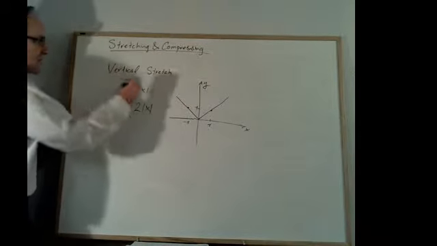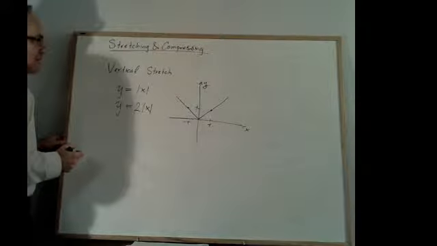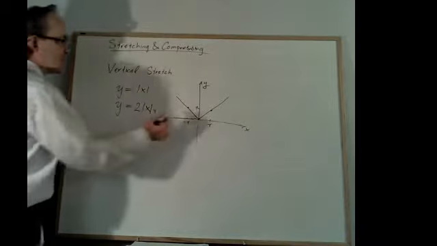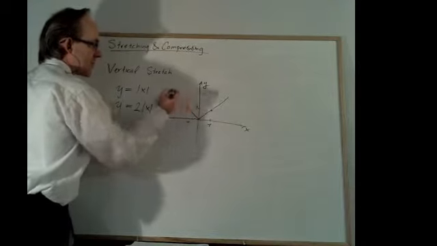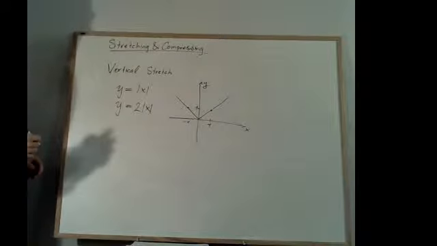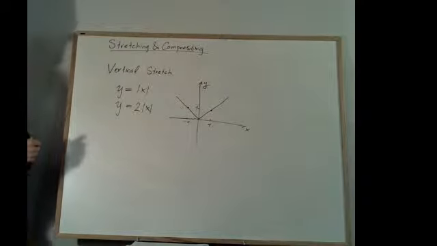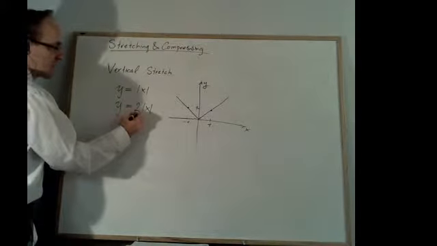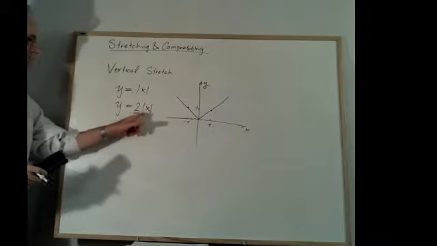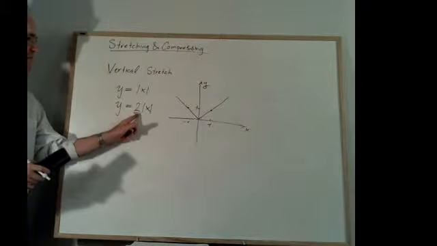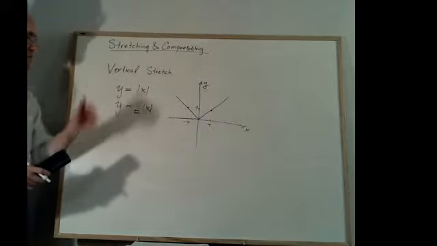So vertical stretching is, what I want to do is, for each y value, I want to multiply that y value by a constant factor. In this case, the factor will be 2. I claim this is what will give me a stretched graph in the vertical direction.